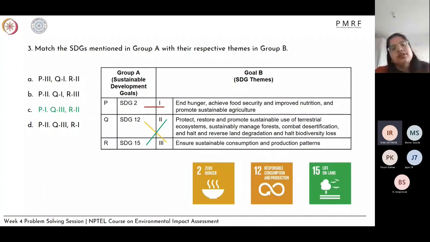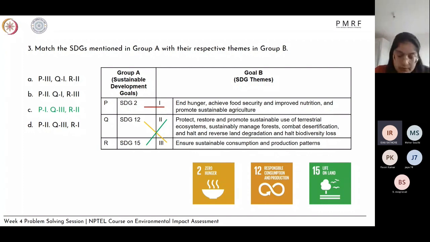So sustainable development goal 2 is about zero hunger and it matches with 1, which is end hunger, achieve food security and improve nutrition and promote sustainable agriculture. Sustainable development goal 12 is on responsible consumption and production and it matches with 3, which is to ensure sustainable consumption and production patterns.